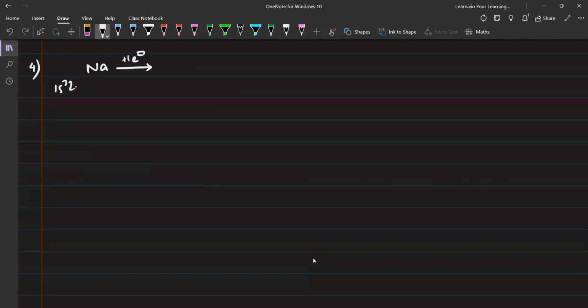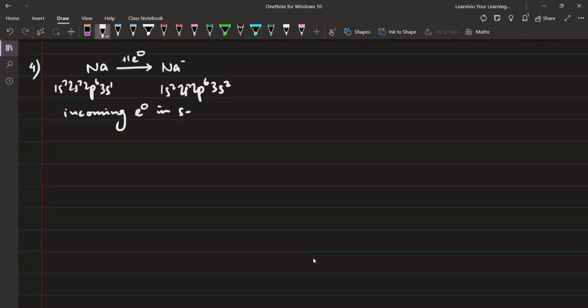Sodium is 1s2 2s2 2p6 3s1. If you add an electron it will become sodium negative, it will be 1s2 2s2 2p6 3s2. Incoming electron in the s subshell, in the s subshell of the third shell.